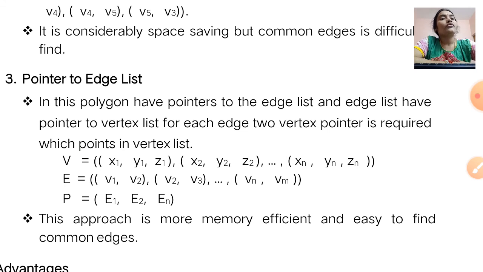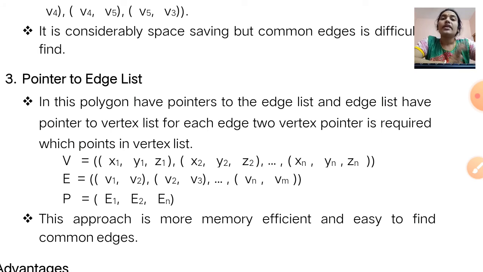Okay. For each edge, 2 vertex pointers are required. Each edge has 2 vertex pointers, which point into the vertex list. In this way, V is the vertex list. V equals x1, y1, z1, that means coordinate position, x2, y2, z2, up to xn, yn, zn.